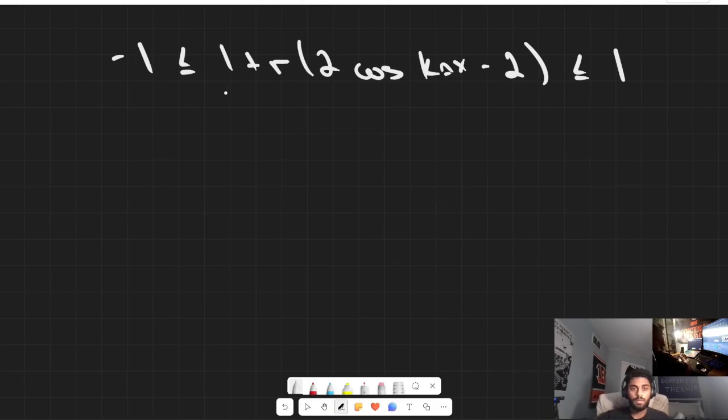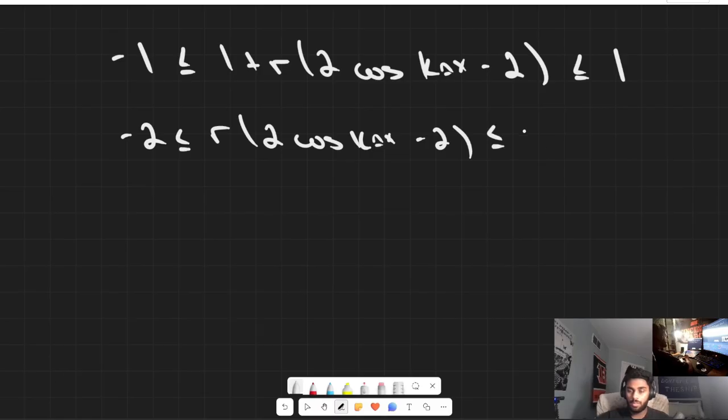So let's just go ahead and start doing what we can algebraically. So we're going to subtract 1 on both sides. So minus 2 less than or equal to r times (2 cosine k delta x minus 2), which is less than or equal to 0.